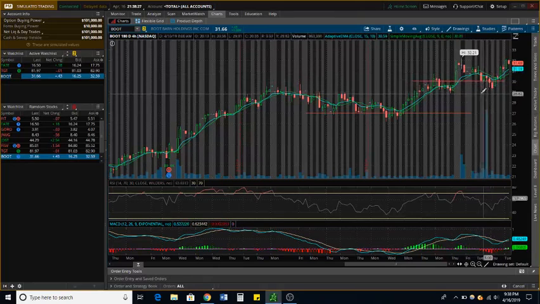Based on previous patterns, I'd actually wait to see if it would bounce at this 30 and then probably sell at this high, 32. I don't know. You guys help me out.